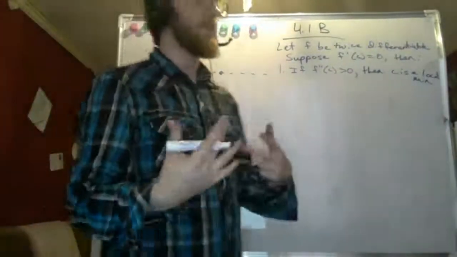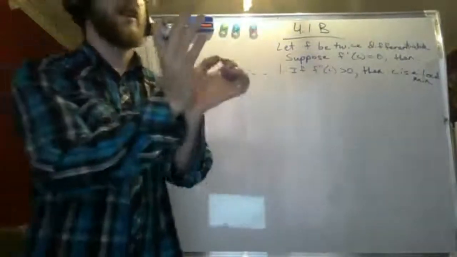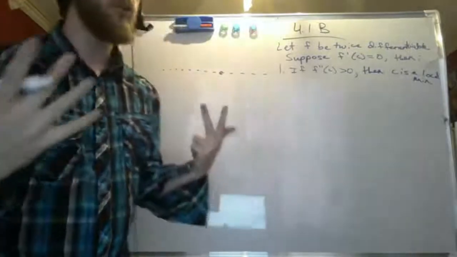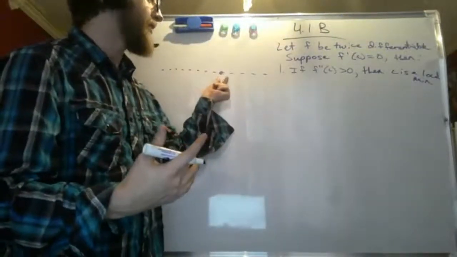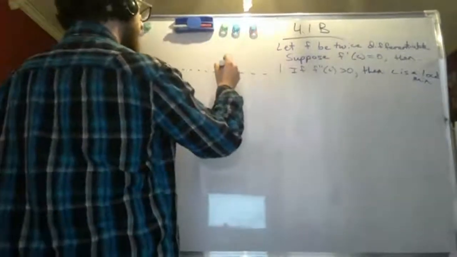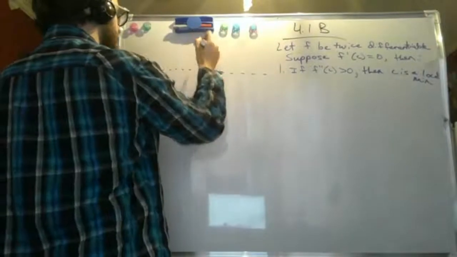And remember, what does concave up mean? It means that the function is curving upwards. So if we're curving upwards at this point where the derivative is 0, then to the left, we have to be curving upwards. That's what it means to be concave up.